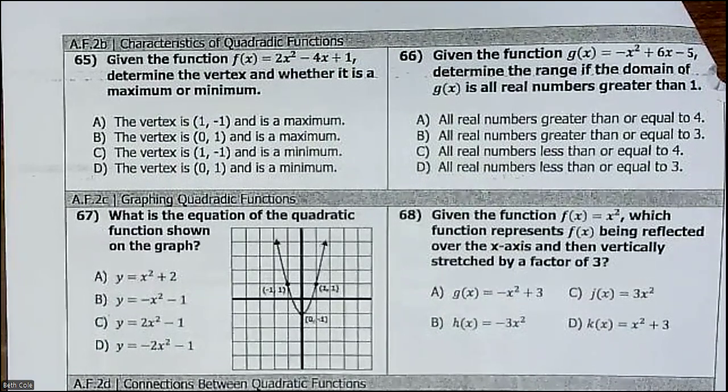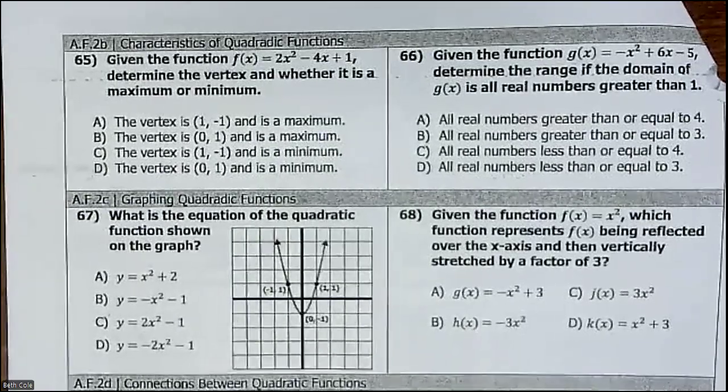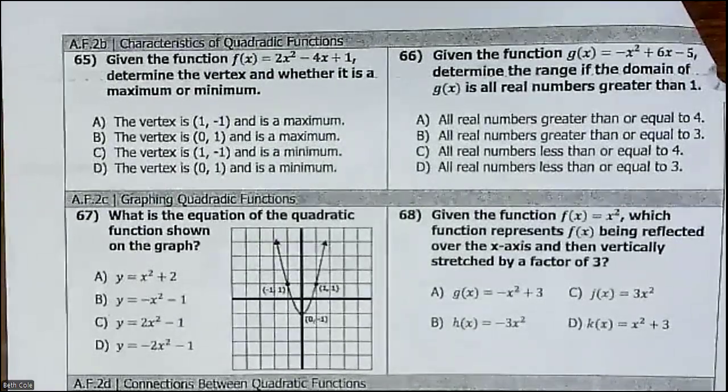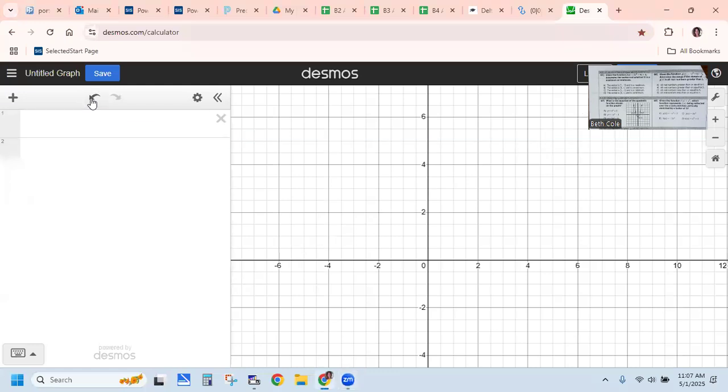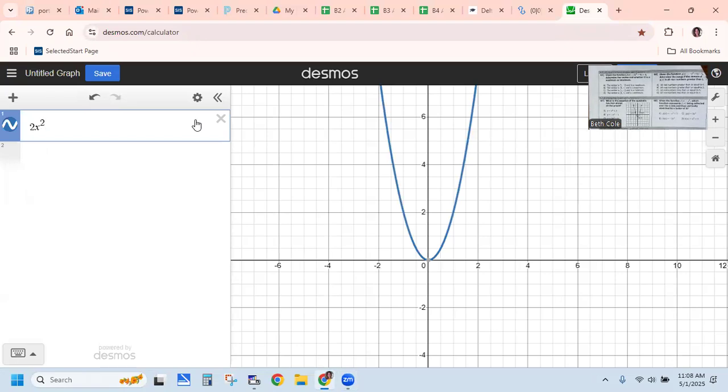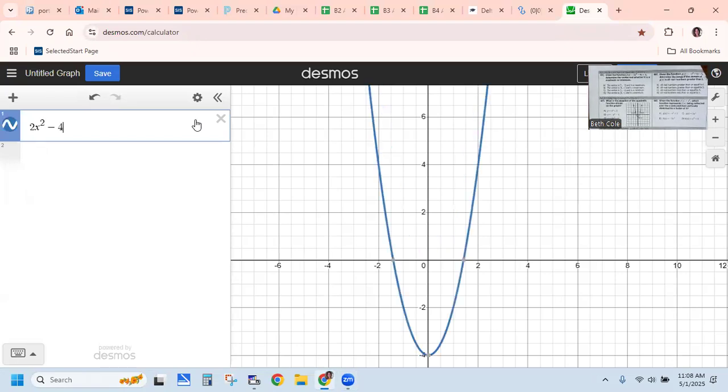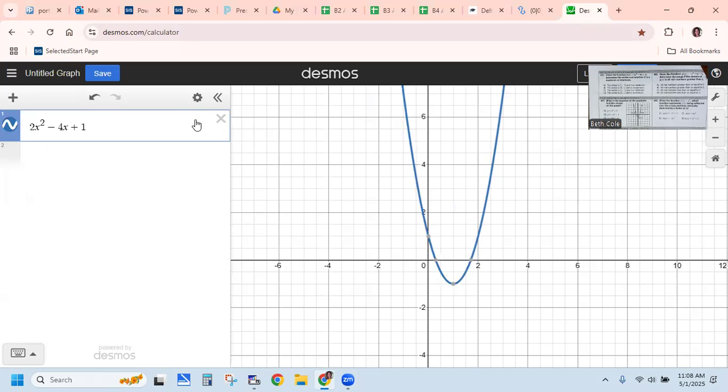Number 65, given that function, determine the vertex and whether it's a maximum or minimum. Well, what am I going to do? Okay, so what is it? Now you guys tell me, 2x squared. I want to make sure you're reading with me. Then what? Minus 4x. One. Now it asks for the vertex. So where am I going to click? The middle.